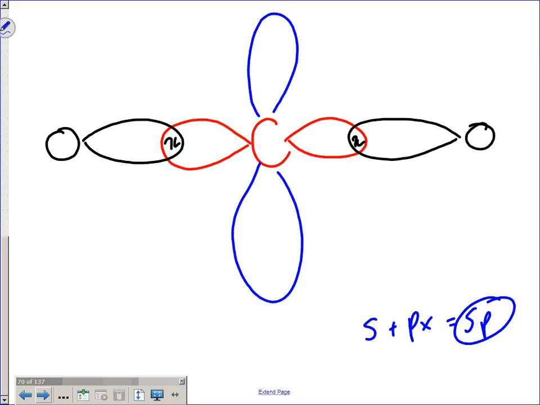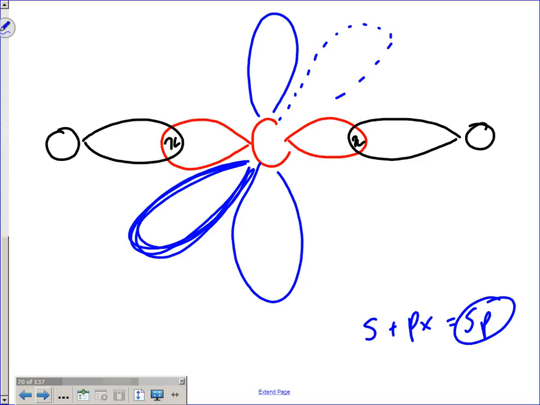There's my py on the y-axis, and here's my pz coming out of carbon, out of the board, and then going behind carbon and behind the board. I'm trying to draw it 3D for you guys. Okay, so those are big honkin' p orbitals in the z and the y axis.